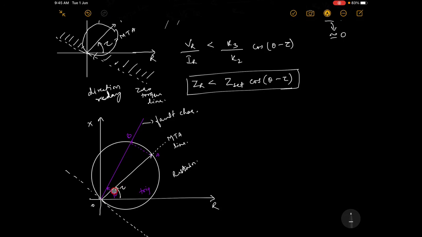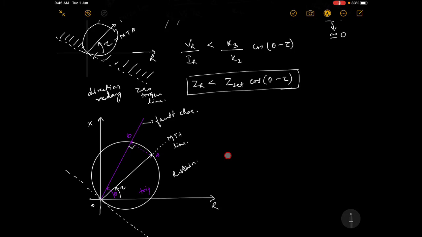When tau varies, this maximum torque line will go on varying, and it is at 90 degrees, perpendicular to the directional element, that is the zero torque line. How you are going to vary this torque, we will see using constructional features. We will understand the construction of this Mho relay.